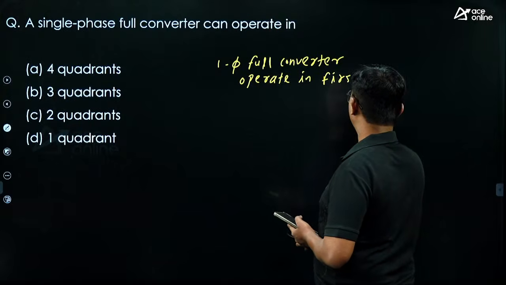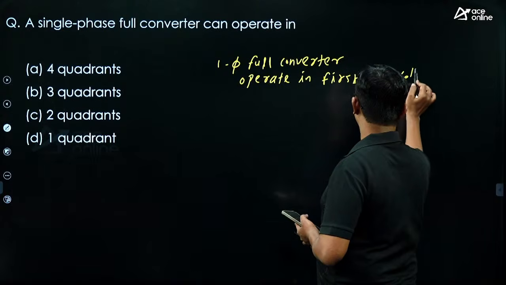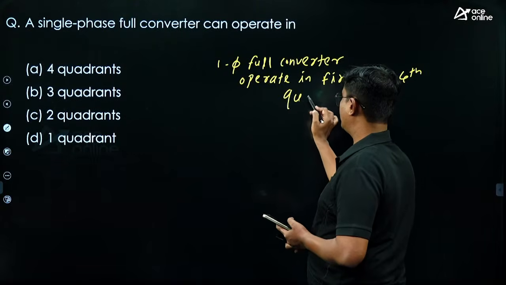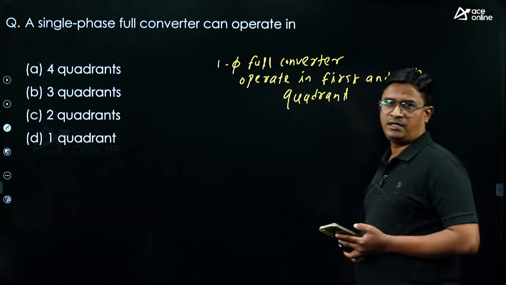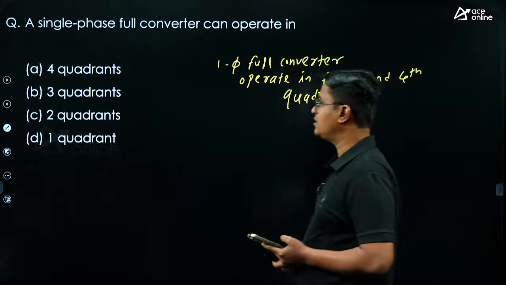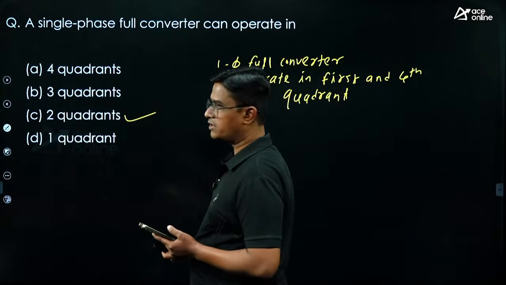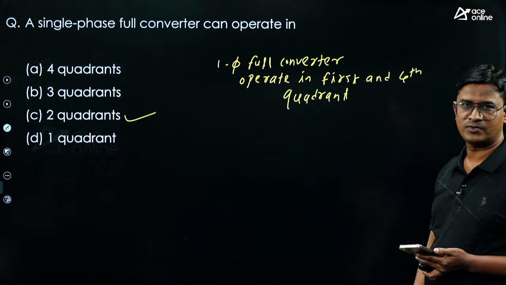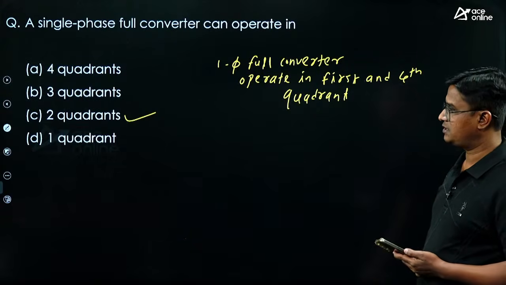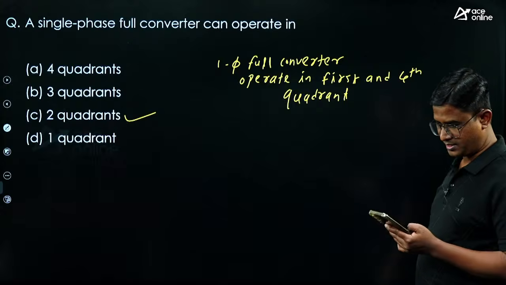First and fourth means it gives the 2 quadrant operation. First and fourth, that is 2 quadrants. Dual converter operates in 4 quadrants, okay? Semi converter operates in first quadrant, okay, right?